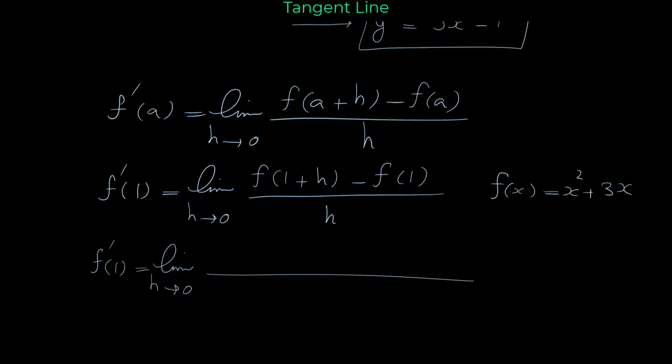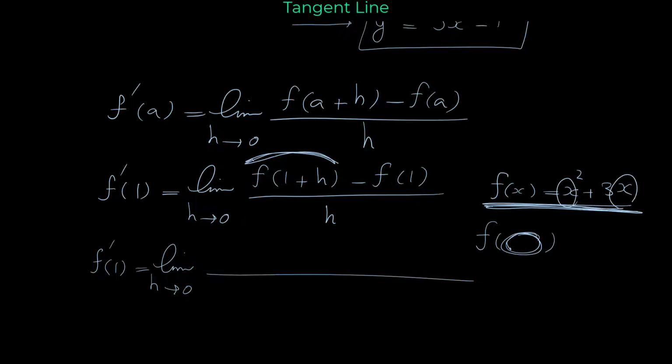First, let's see what is f of 1 plus h if f of x equals this. When f of x equals x to the 2 plus 3x, if you want to find f of any other thing, simply you have to replace every x with that thing. For example, if I ask you what is f of z, you have to say z to the 2 plus 3z. If I ask you what is f of a, you have to say a to the 2 plus 3a.